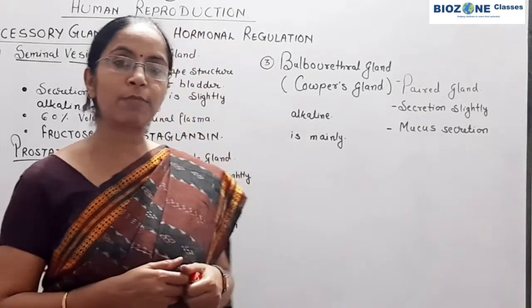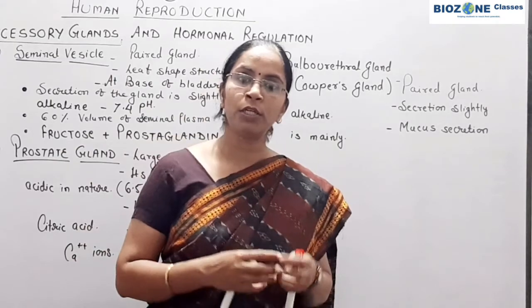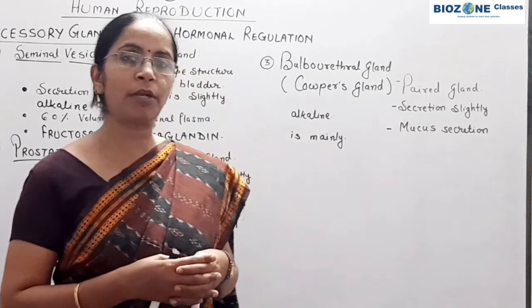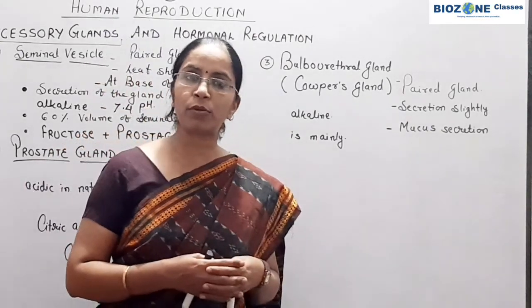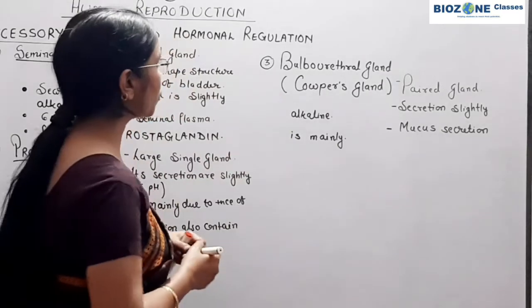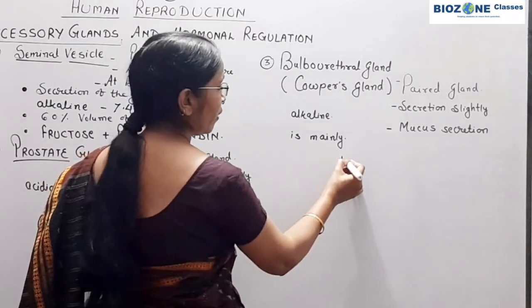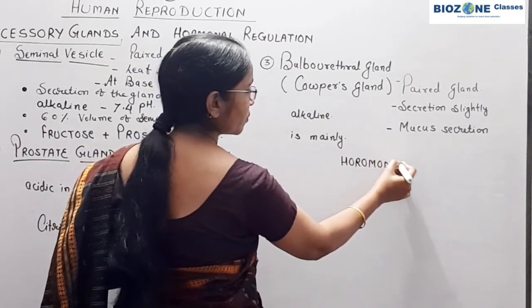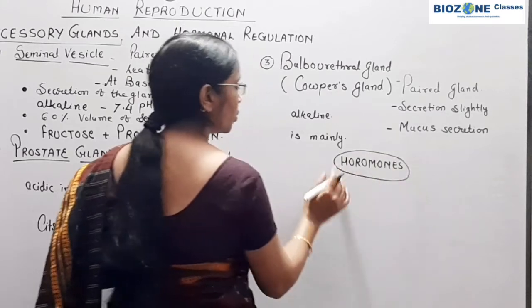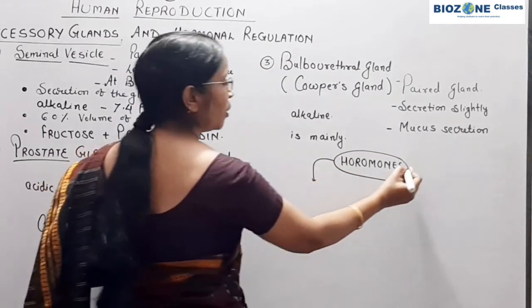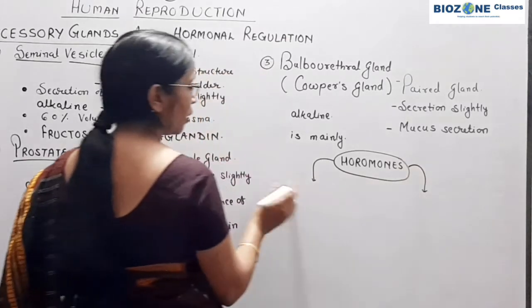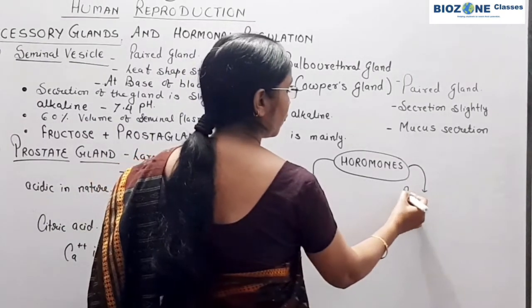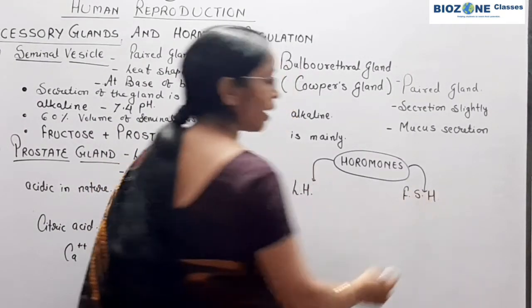At the onset of puberty the process of spermatogenesis begins. Predominantly, two types of hormones are involved: luteinizing hormone LH and follicle stimulating hormone FSH.